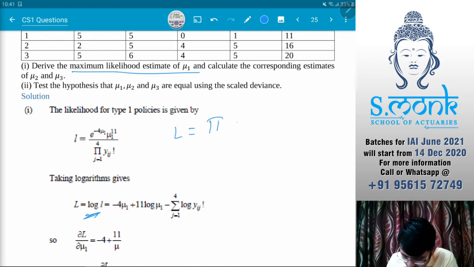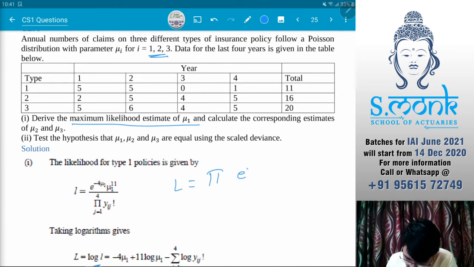That would be the product of probabilities, f of x, or probability X equals x. For the Poisson distribution, that is going to be e raised to minus lambda, lambda raised to x, or in this case we usually write y, so y i, upon y i factorial.